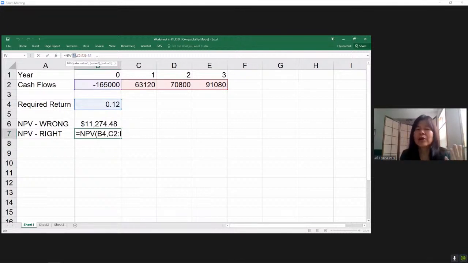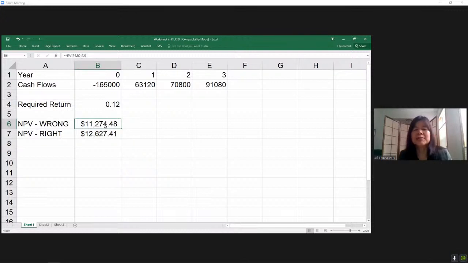So let me emphasize once more, don't select B2 as the first cell. Excel's NPV is not designed that way.